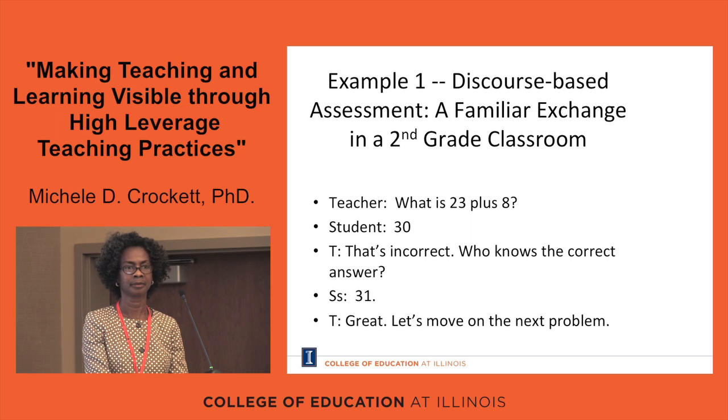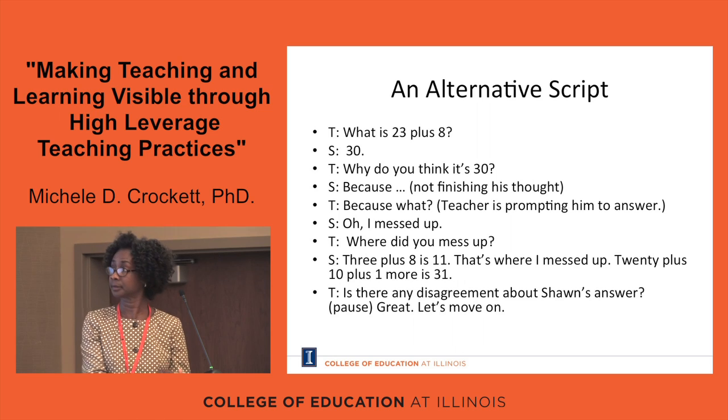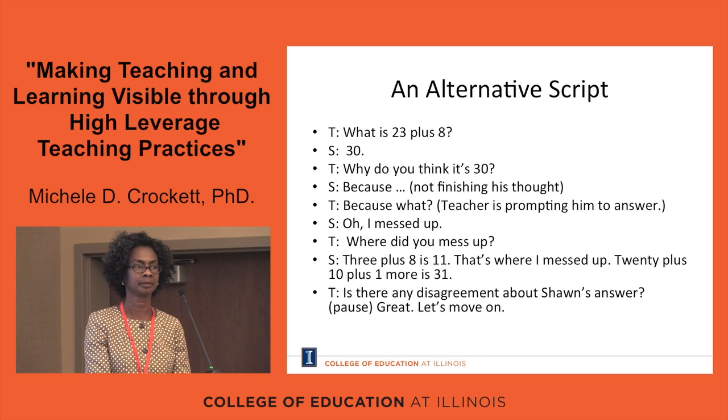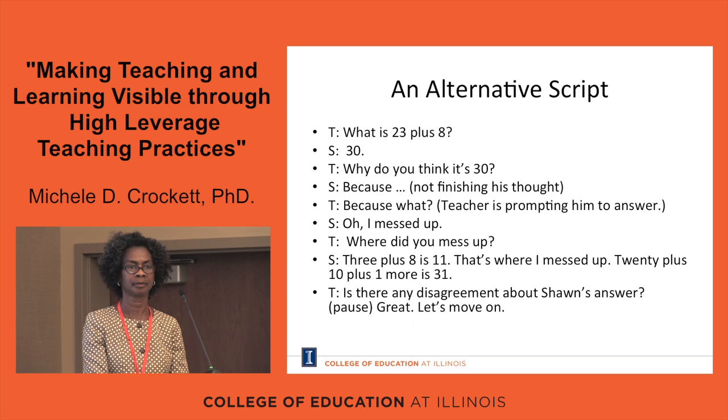If you look at the second example, this is a little bit more all-encompassing, where you're taking that student's error and turning it into a teachable moment for everybody, because I think it's safe to assume that student probably wasn't the only one who was going to get the answer wrong, but they were the ones who took that chance.